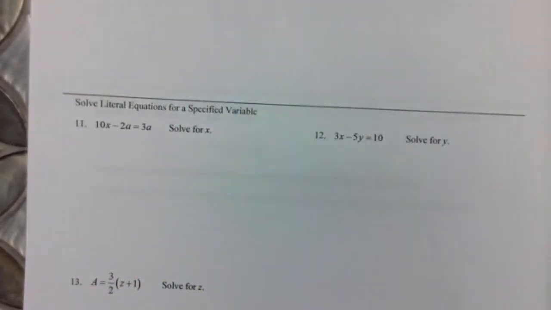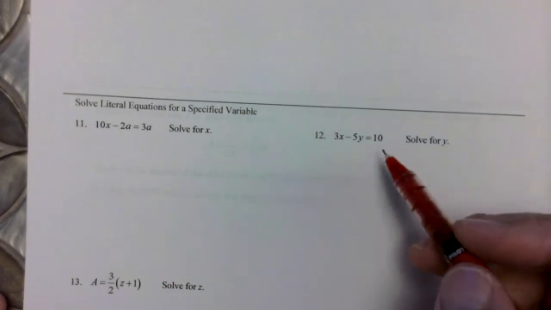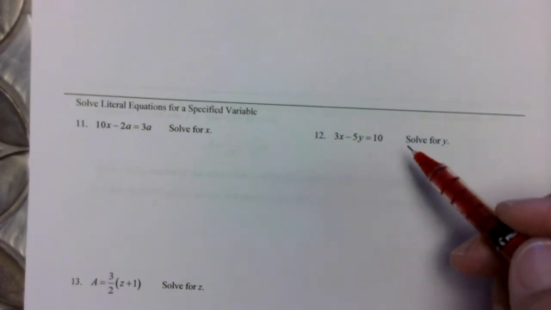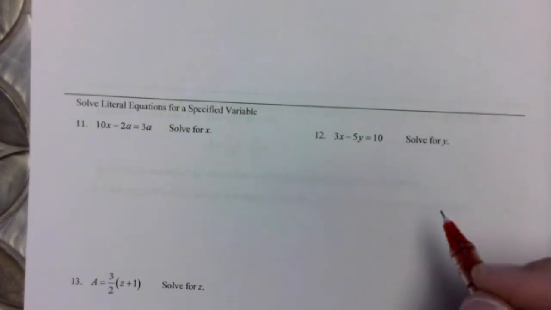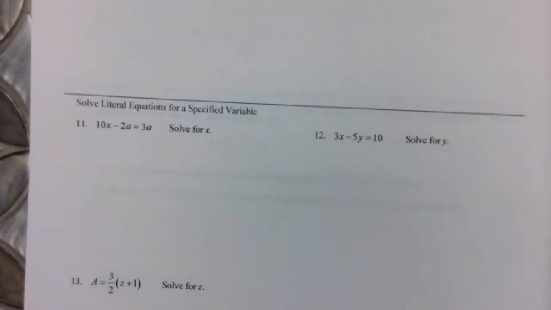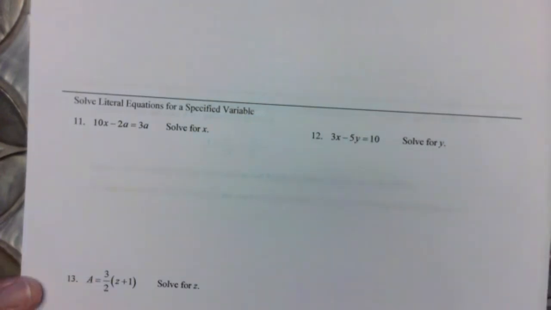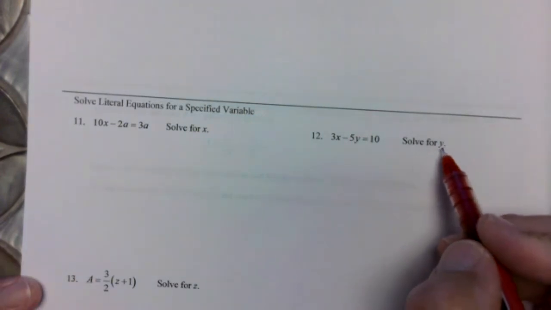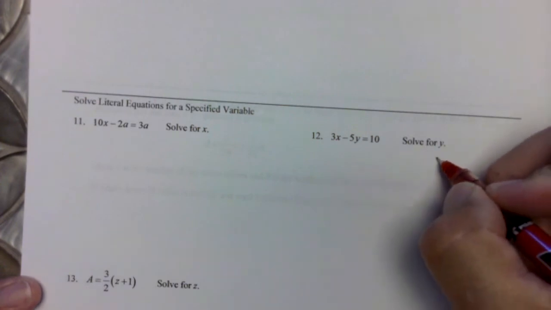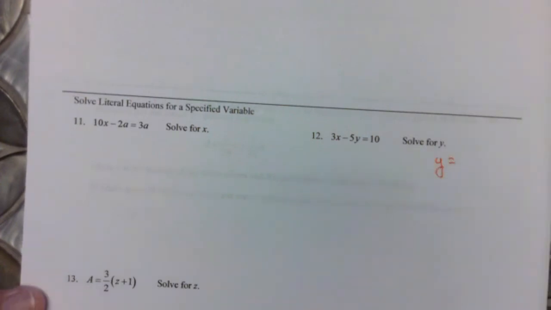And I'm going to jump down to number 13. And this is again, we're just working with x's and y's. It's boring as can be, but this is something you're going to have to do eventually throughout math, and that is solve for a given variable. In this case, solve for y, which basically says we want to end up with y equals.